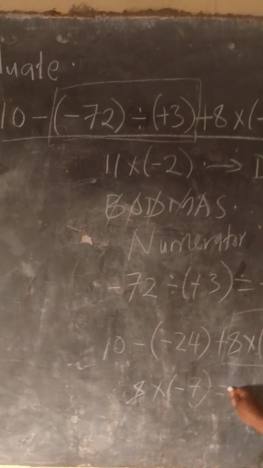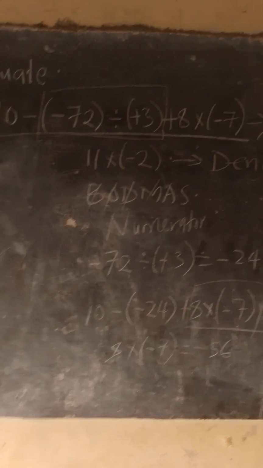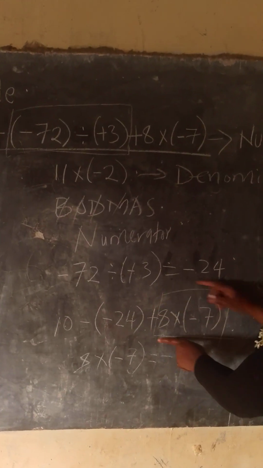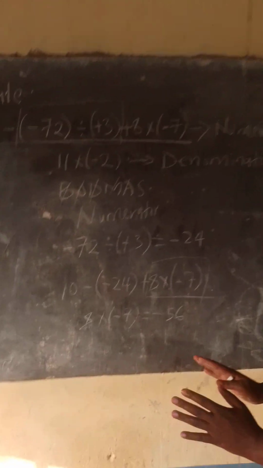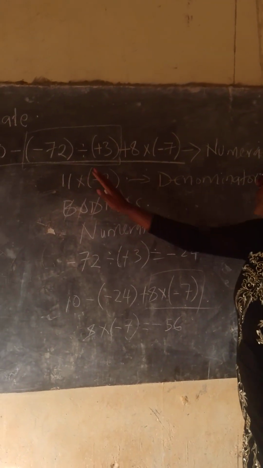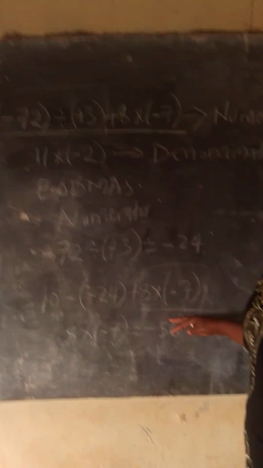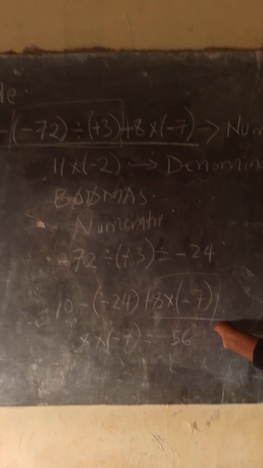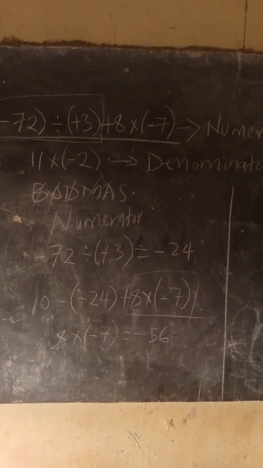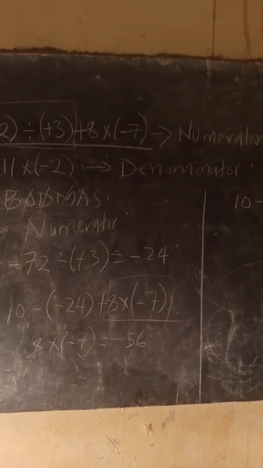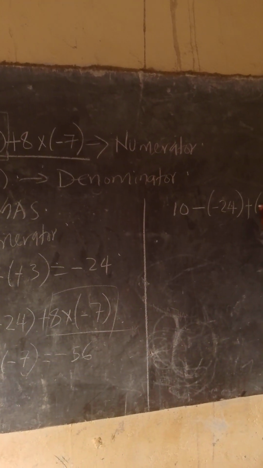So this would be negative 56. We substitute all this with negative 56. Just look at the way I'm simplifying this long expression bit by bit, depending on the operations. So we'll have 10 minus negative 24, then plus negative 56.